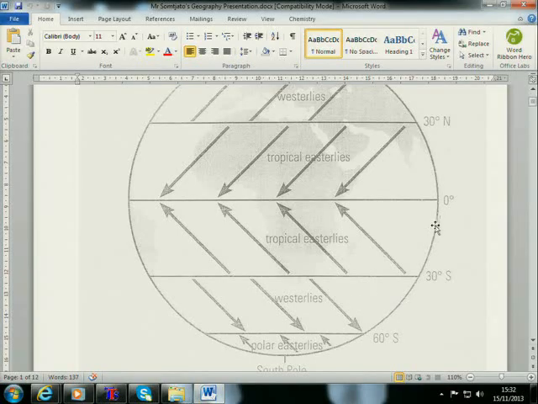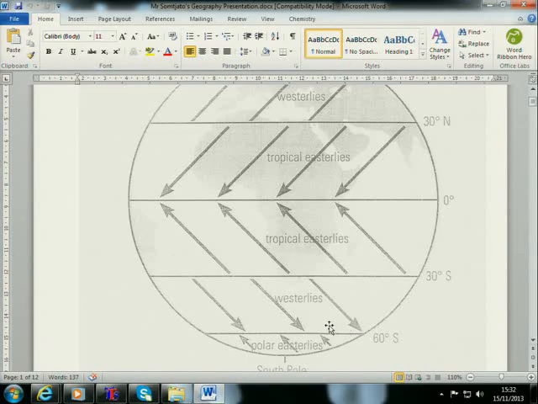At the equator, we have an equatorial low pressure belt. At 30 degrees north and south, we have the subtropical high pressure belt. And at 60 degrees north and south, we have the subpolar low pressure belt. It is at this point, at 60 degrees, where we have the origin of the mid-latitude cyclone.